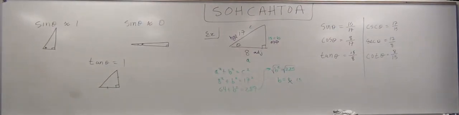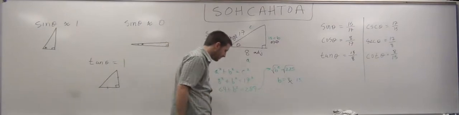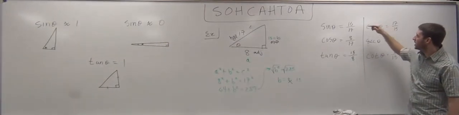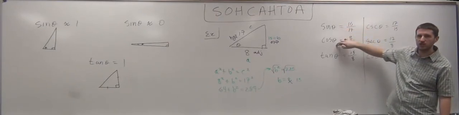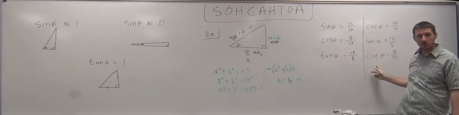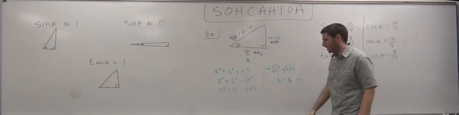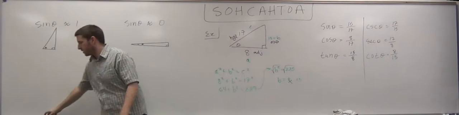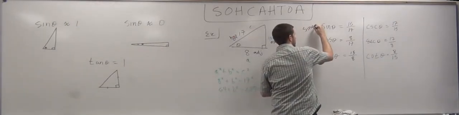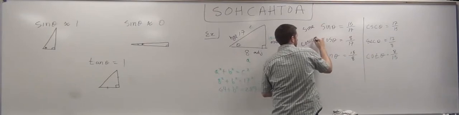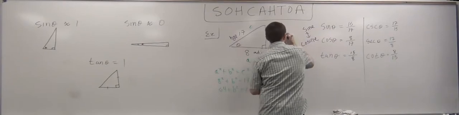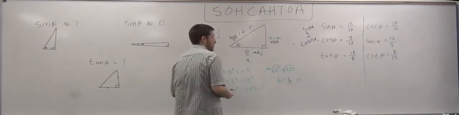What does CSC stand for? Cosecant. There's a special relationship between sine and cosine, and secant and cosecant, and tangent and cotangent. Those co's are not random. This is sine. This is cosine. These are called cofunctions. I know, real original.